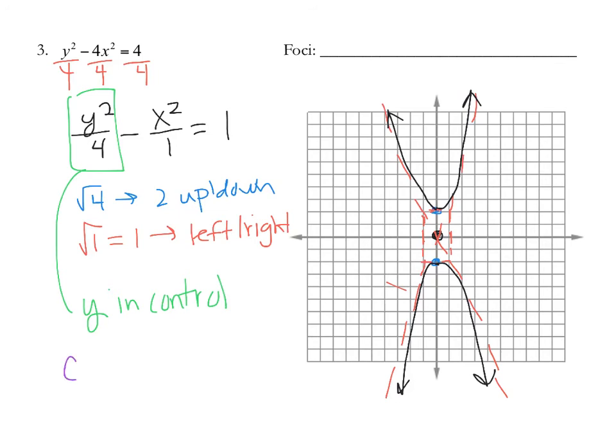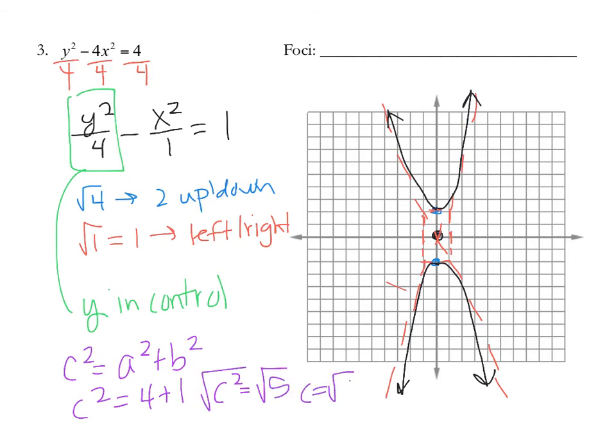And then to find the foci, it's going to be c squared equals a squared plus b squared. It's going to be c squared equals 4 plus 1. C squared equals 5, so then c is going to be the square root of 5. And y is in control, so that's going to go in the y position: 0, comma, square root 5, and 0, comma, negative square root 5.